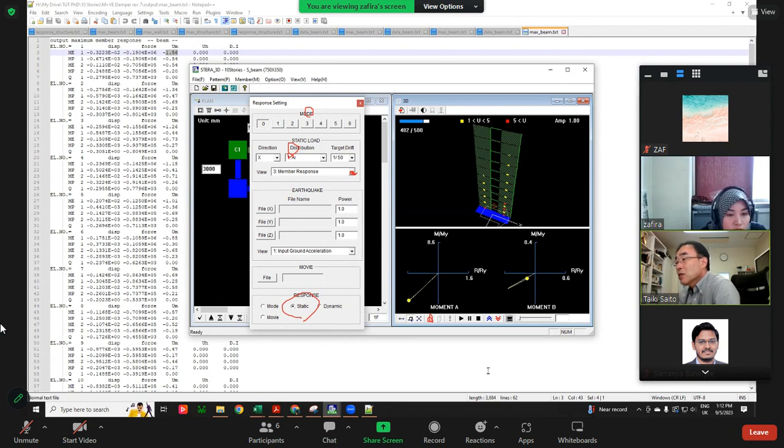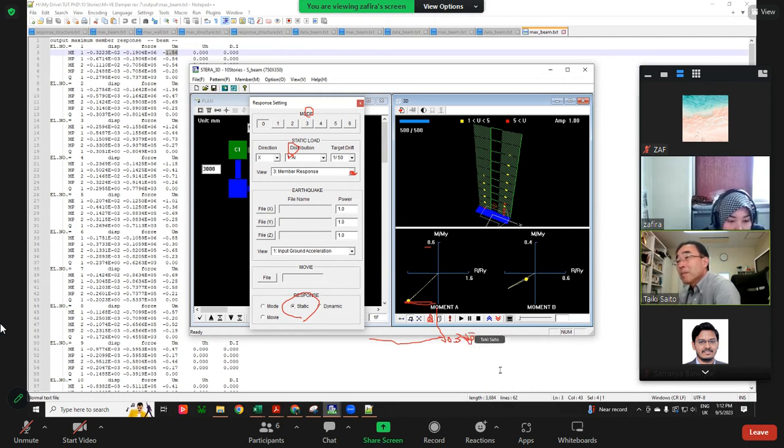Oh, it's not reaching the maximum. So this is, okay, almost 0.6. So if it's 1.0, this will be 0.335.